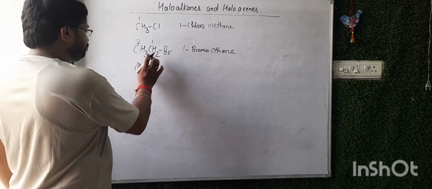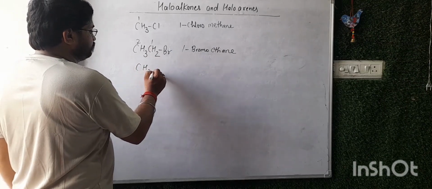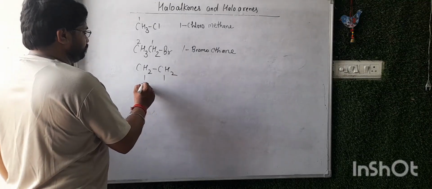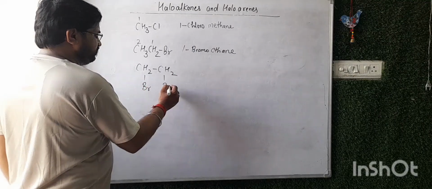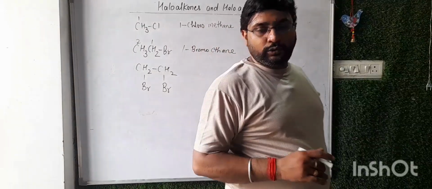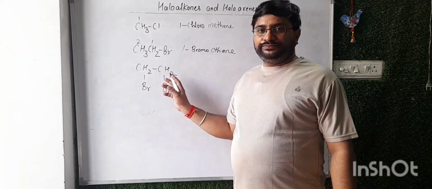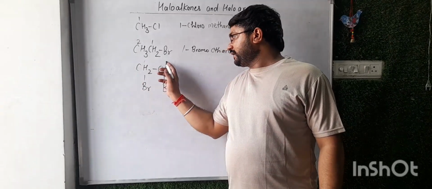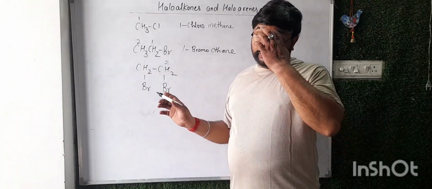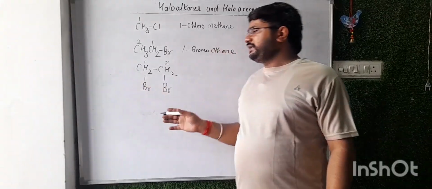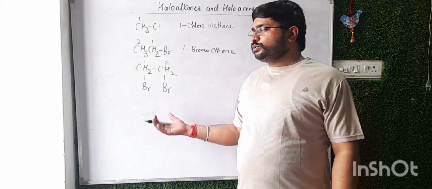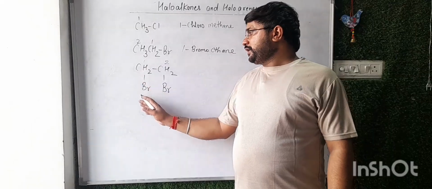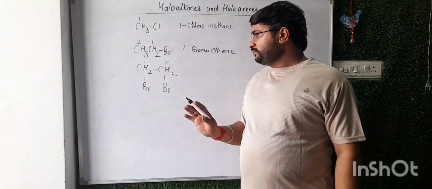Now, when you look at the whiteboard, there are 2 carbons, first and second, and at both positions there is bromine. We can take the order from any side, right or left, because with only 2 carbons there is no change in the IUPAC naming. So the first carbon has bromine and the second carbon also has bromine.